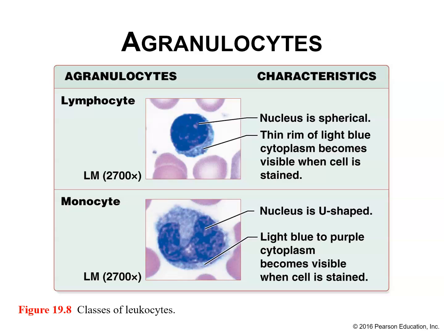B cells produce antibodies. T cells are what directly fight the invading antigen. Now, monocytes are the largest of your white blood cells. They generally have a bilobed or U-shaped nucleus with a light blue to purple cytoplasm. Remember, these cells can sometimes mature into macrophages whenever they're exposed in the tissues to different antigens.